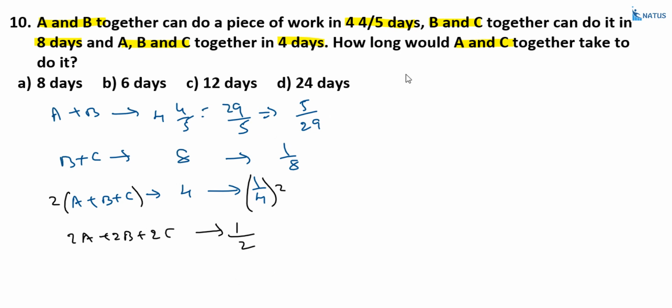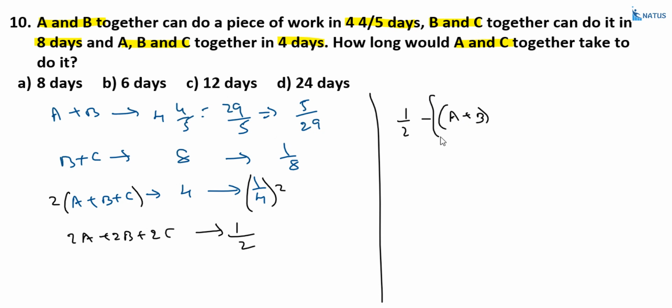Now, how long would A and C take together? If you want A and C, you will subtract the value of B plus C from A plus B plus C. That is equal to half, total 2 into A plus B plus C minus A and B's work.